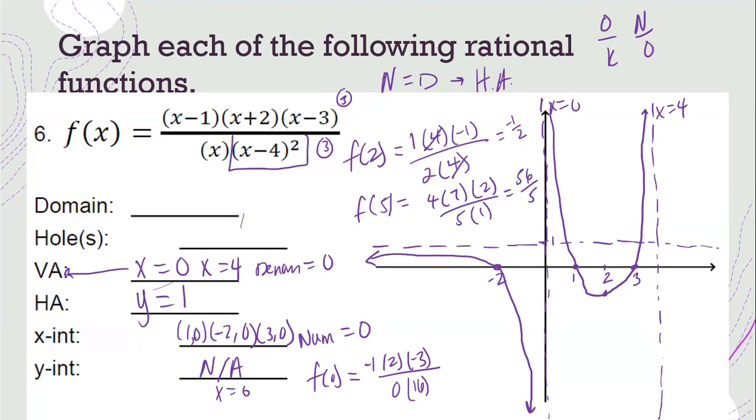All right, so what's 56 divided by 5? 10 and something? No, 11 and 1/5. So we know that it has to be greater than 1. So the graph is doing this.